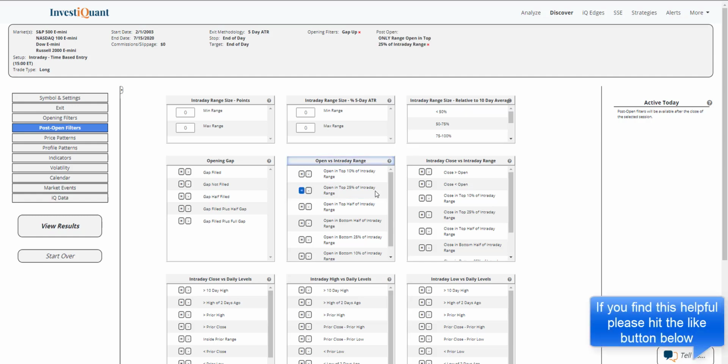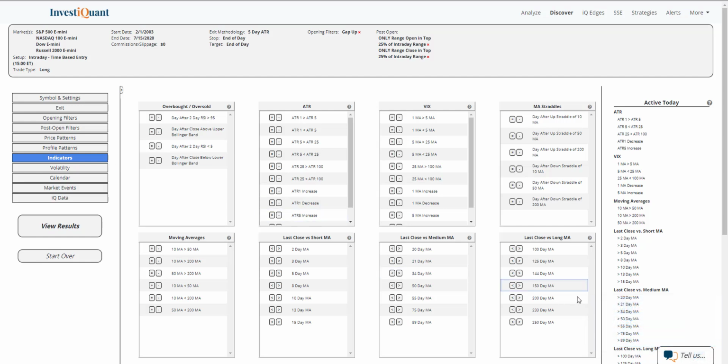That is true as of now, and we were just trading in the top 25% of the intraday range, which is going to mean the daily candlestick will have a long lower wick on it, specifically for the ES. And then I'm going to go into indicators and just put that it is in a similar market environment. So above the 200-day moving average, above the 10-day moving average, and hit view results.